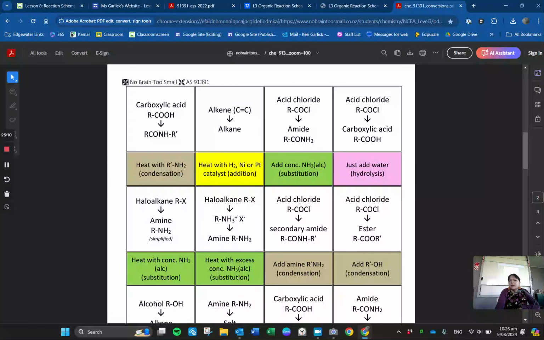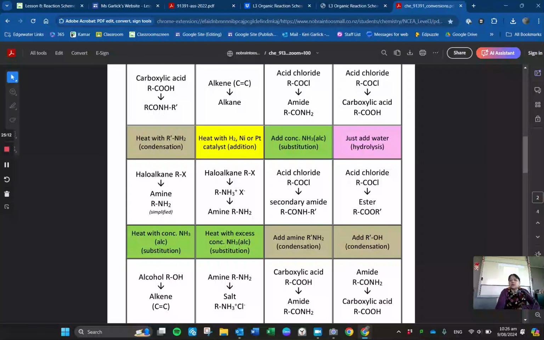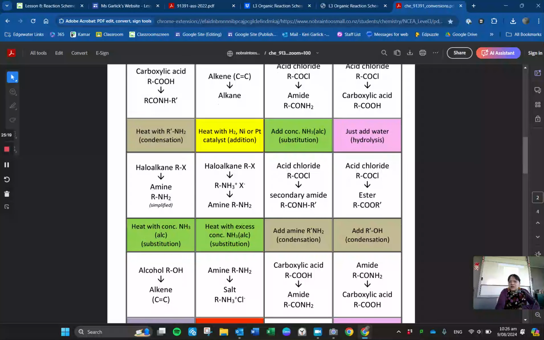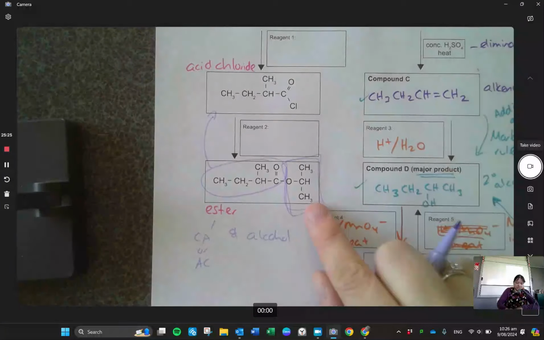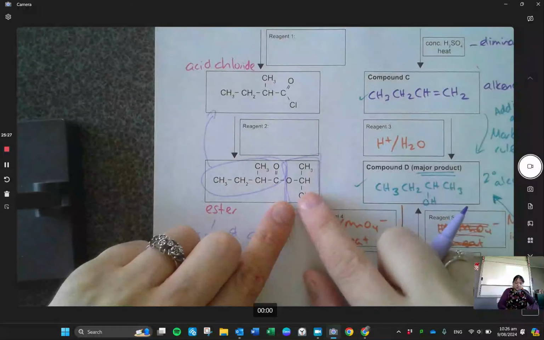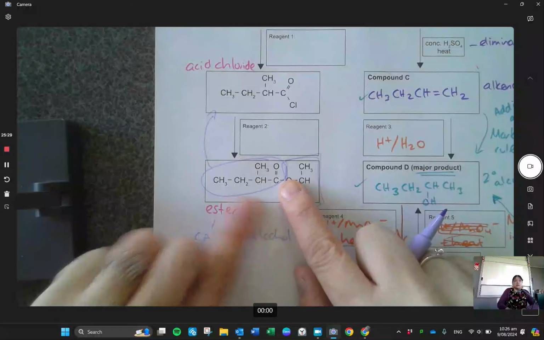Here we go. Acid chloride to ester. All we need to do in that case is add the alcohol that is required. That's it. So when I look at this reaction, I just need to draw this alcohol. This is 1, 2, 3, and the OH is on carbon number 2.